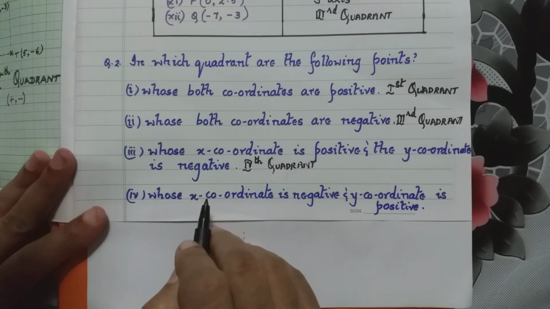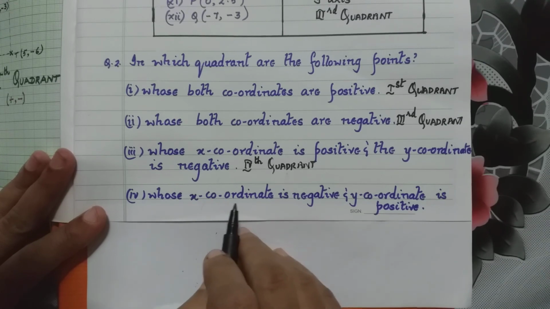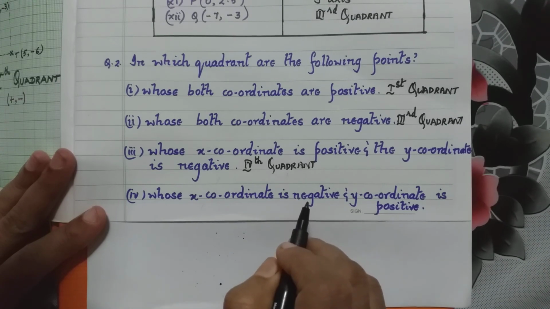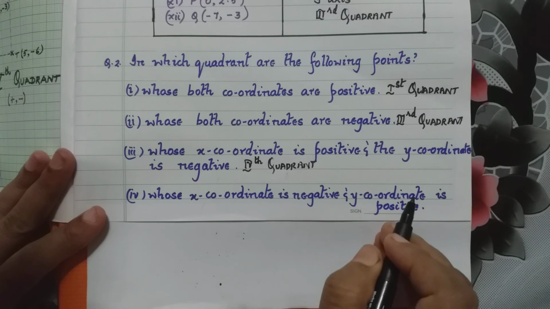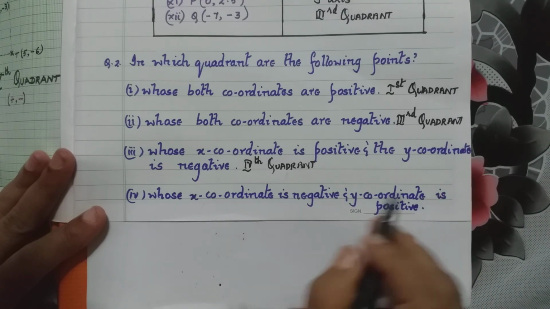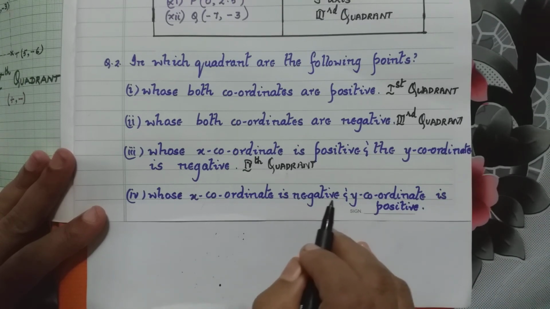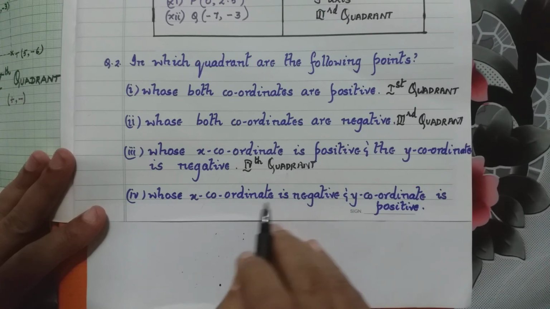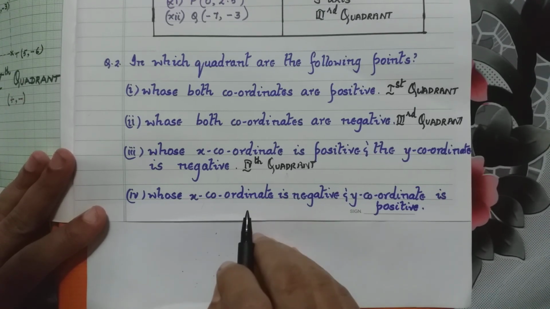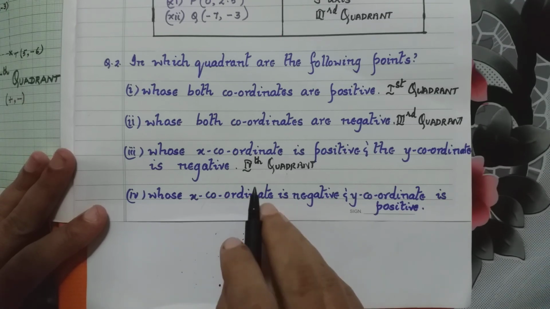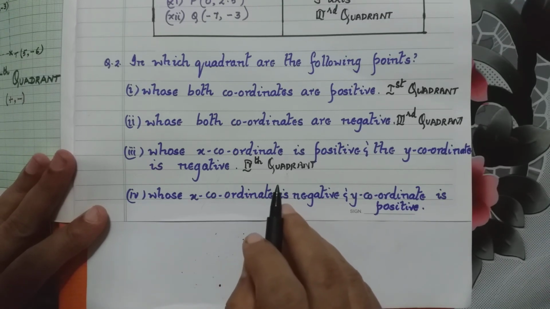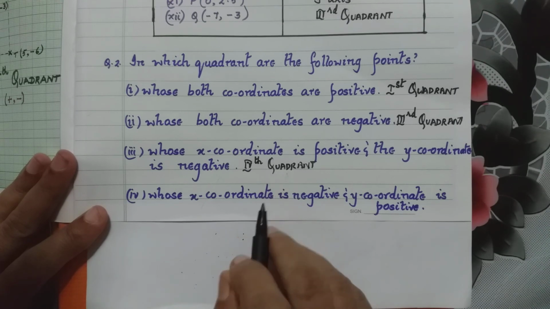And the fourth sub-question, whose x coordinate is negative and y coordinate is positive. X coordinate is negative, it will lie to the left hand side of the y axis. Y coordinate is positive, means it will lie above the x axis.